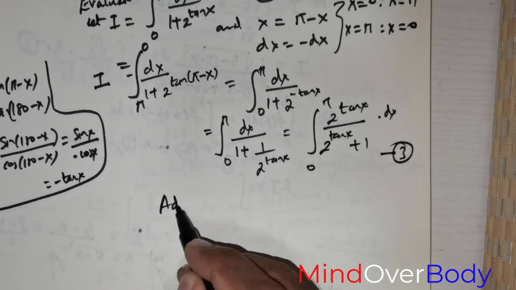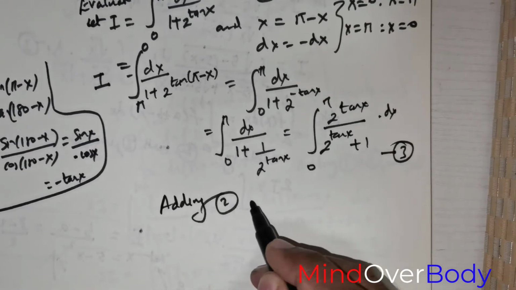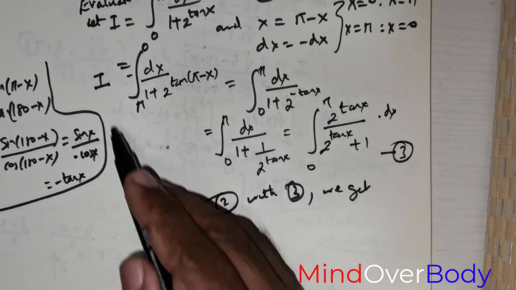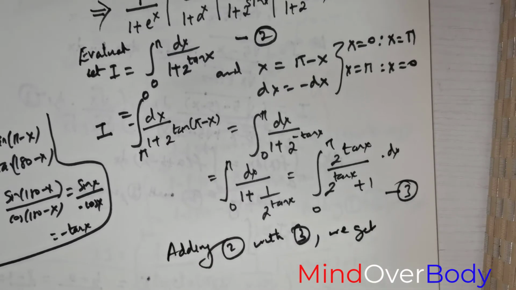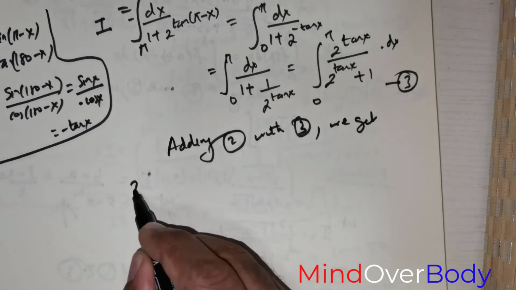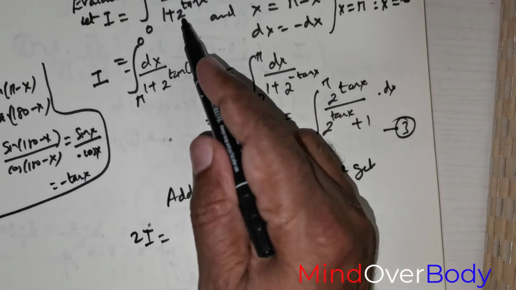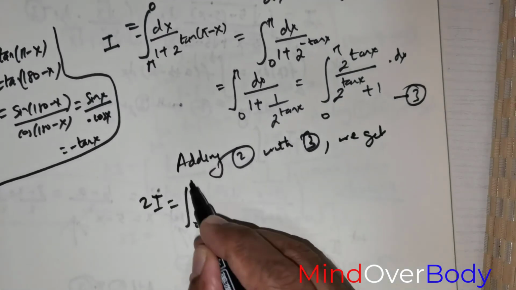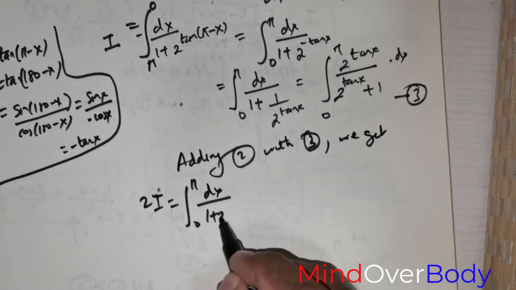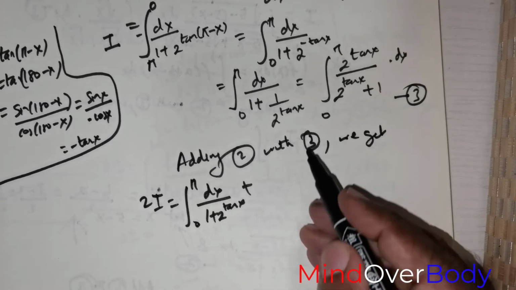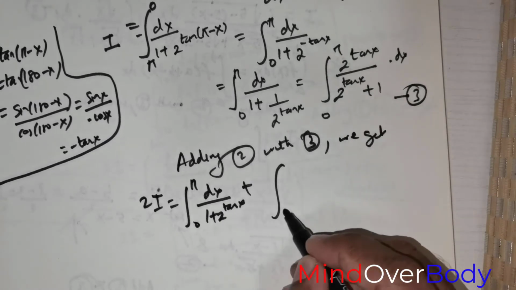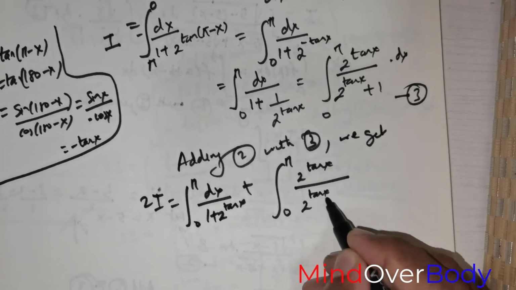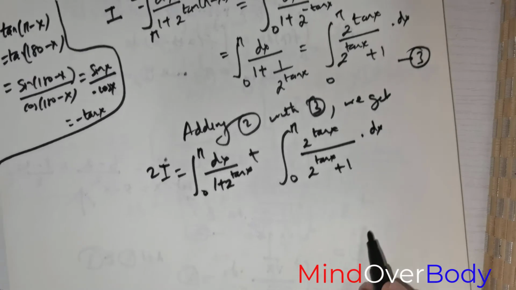Now adding 2 with 3 we get, on the left side, 2 times I. On the right hand side, we got the integral from 0 to pi of dx over 1 plus 2 raised to the power of tan x added with this quantity, the integral from 0 to pi of 2 raised to the power of tan x divided by 2 raised to the power of tan x plus 1 times dx.